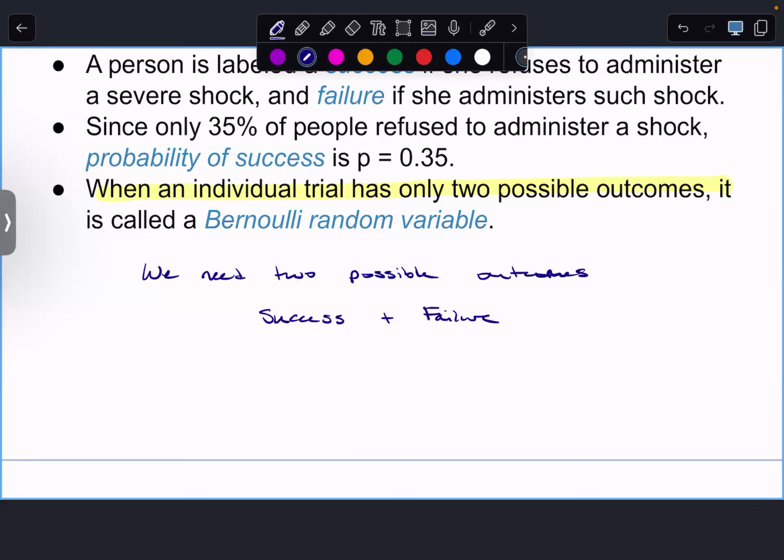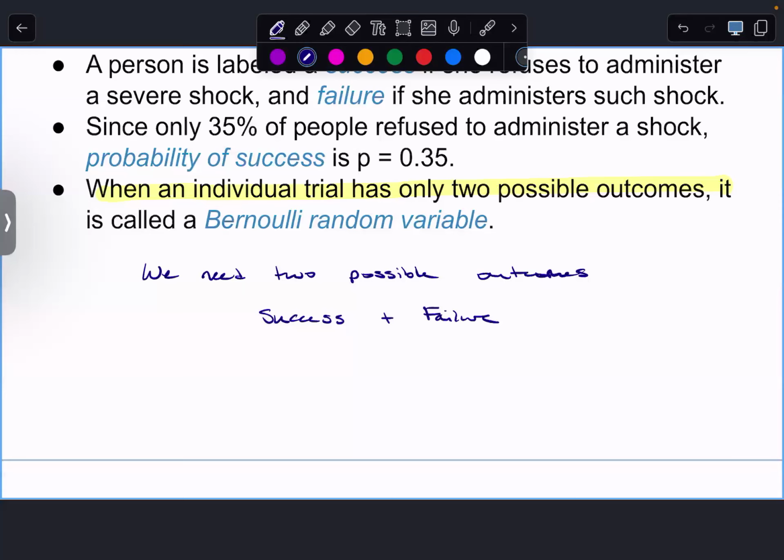This is where you can use the trick of, okay, if you have a success that you're interested in, for example, flipping a coin, then flipping heads is a success, flipping a tails is failure, or that case is obvious, right? Success, failure. What if you roll a die, but you're only interested in rolling a 6? Then rolling a 6 would be the success, and rolling anything but a 6 would be a failure, right?